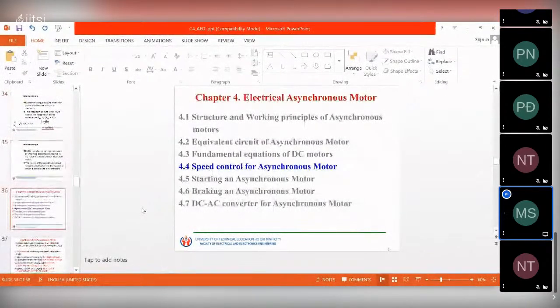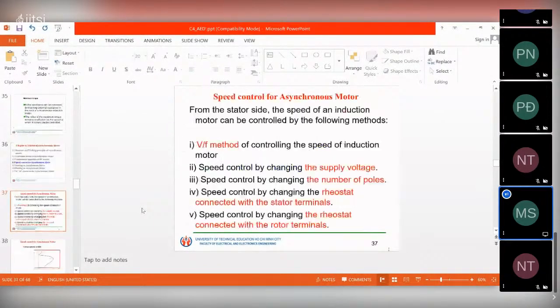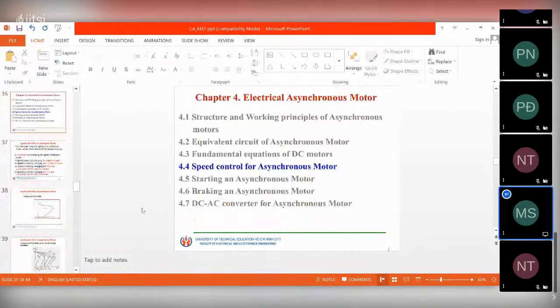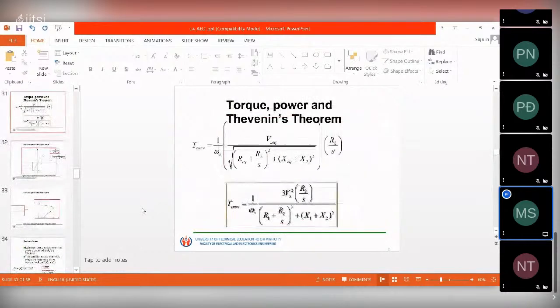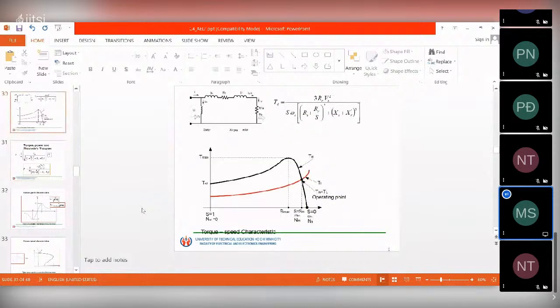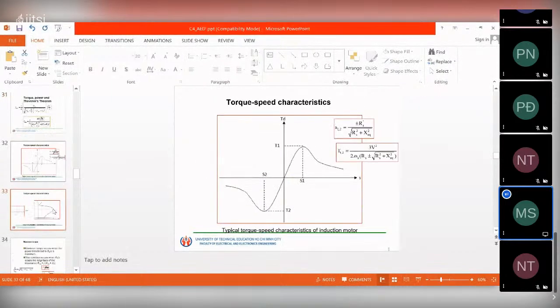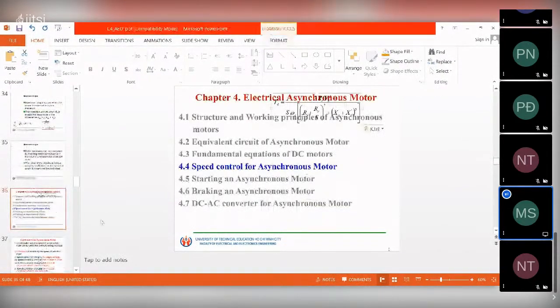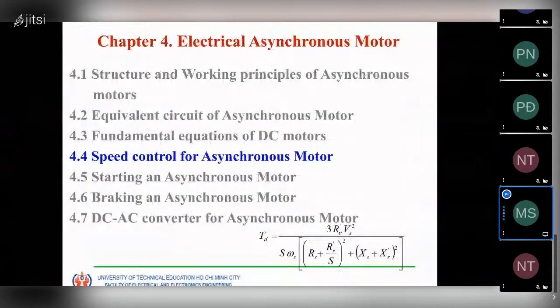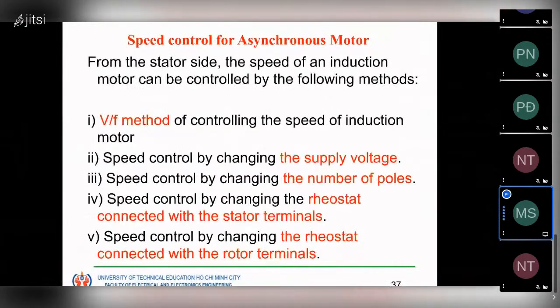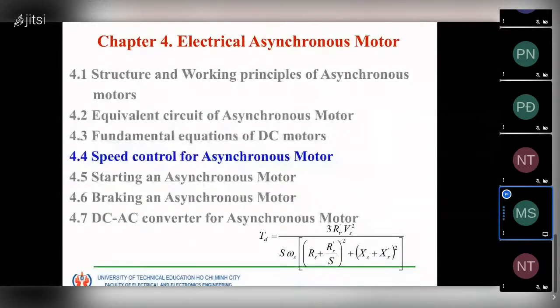Okay, we move to the fourth section, speed control method. Look at the torque and speed characteristic of the asynchronous motor.